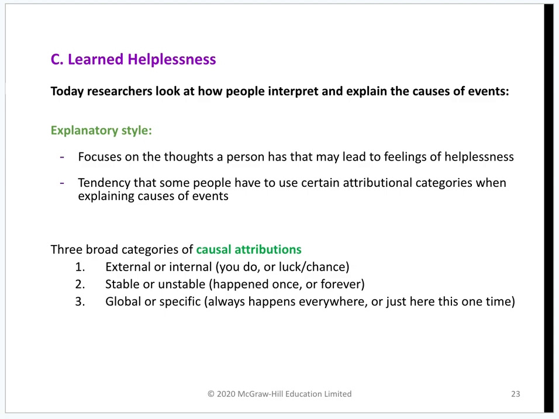If it's stable, it means it happens forever and ever. It's always happening. Or unstable, it happened just once. And then global or specific. It happens everywhere, or it only happens here.